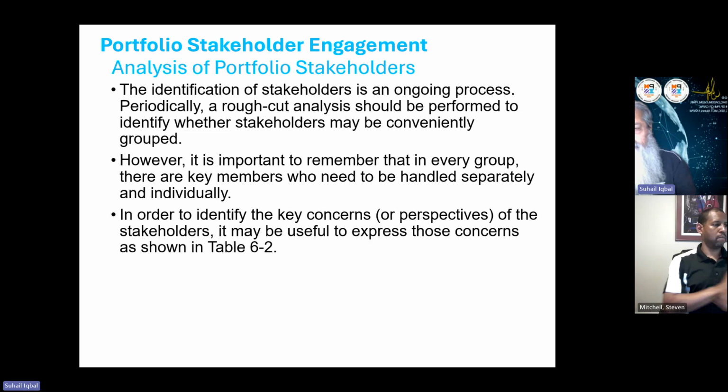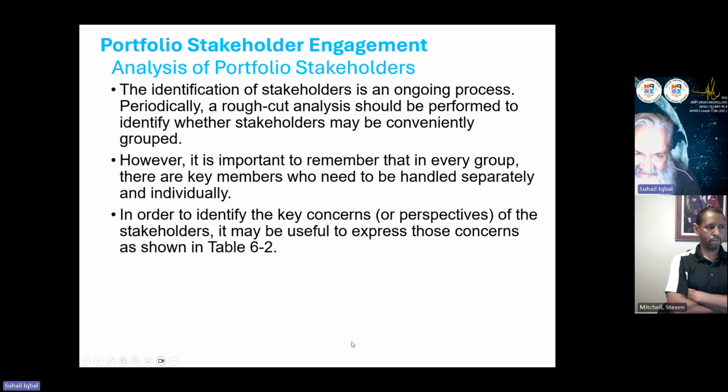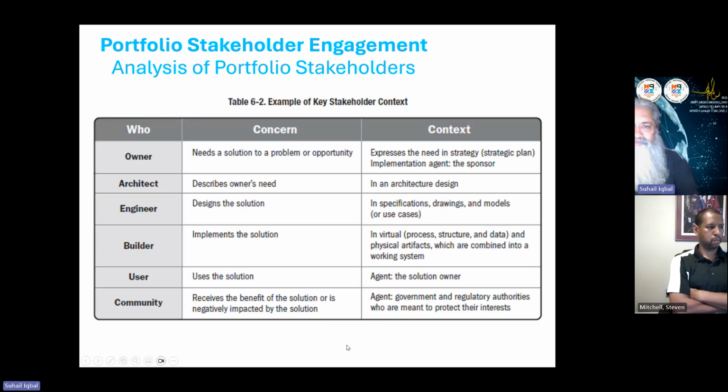However, it is important to remember that in every group, there are 5 key members who need to be handled separately and individually. In order to identify the key concerns, it may be useful to express those concerns as in table 6.2. Let us look at that.